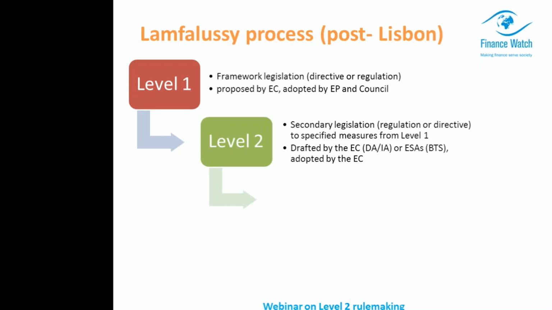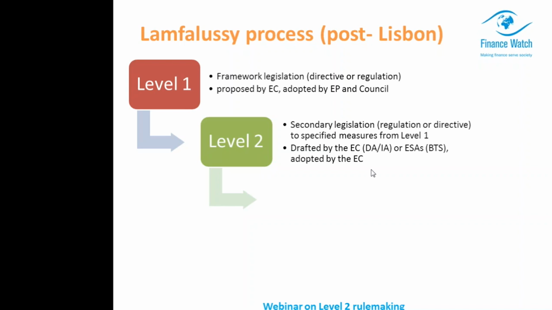So the Commission can be tasked with drafting the delegated acts and implementing acts, and the ESAs can be tasked with drafting the binding technical standards. If it's confusing at this point, no worries, because we're going to explain it more clearly on the further slides. But level 2 are the specific provisions that are delegated under framework legislation, based on Articles 290 and 291 of the treaty, to the Commission to adopt non-legislative acts.